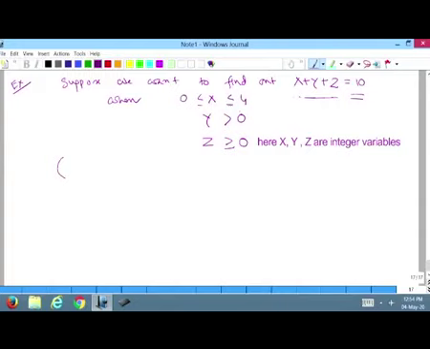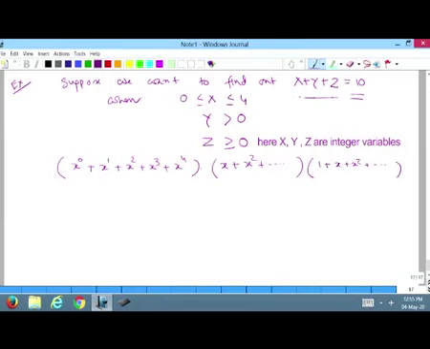Because x takes the value between 0 to 4, let us write it as x to the power 0 plus x to the power 1 plus x to the power 2 plus x to the power 3 plus x to the power 4 multiplied by y can take any positive values. So, that gives us an infinite series x plus x square plus x cube up to infinity multiplied by, corresponding to z, because z starts from 0, 1 plus x plus x square up to infinity.